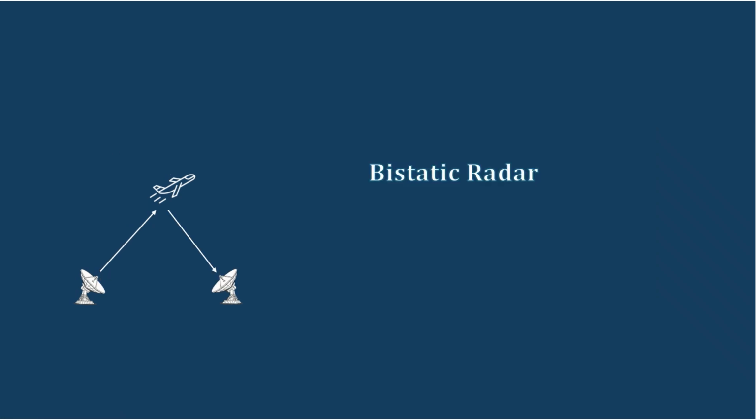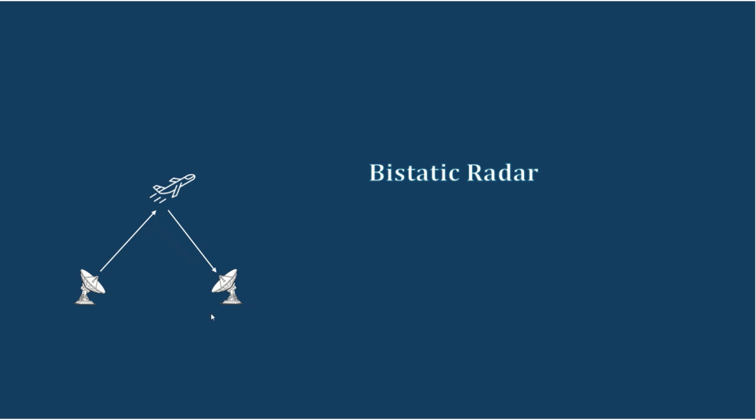Next is bistatic radar. From the name itself, it suggests that it has two antennas, one transmitting antenna and one receiving antenna, placed at different locations. The wave coming from the transmitting antenna hits the target, gets scattered back and is received by the receiver antenna.